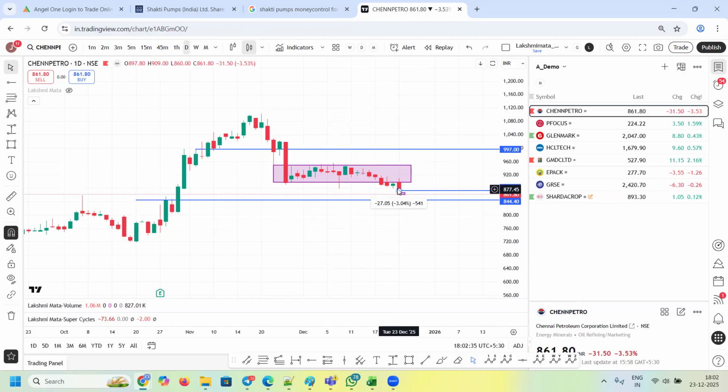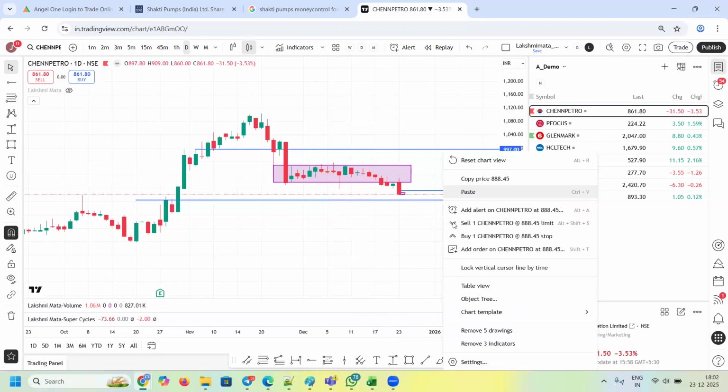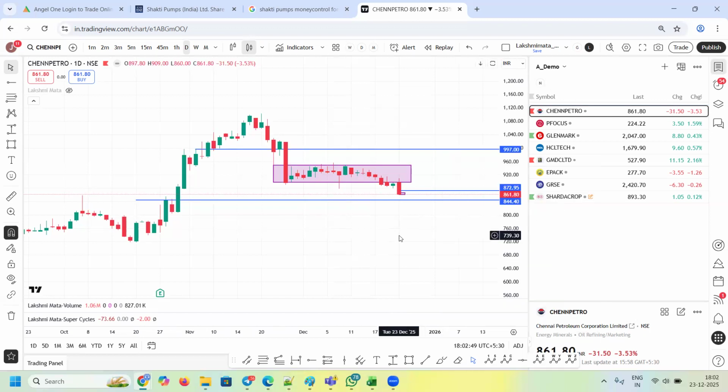Yes, tell me what you are saying. If someone is holding that stock, they can have the stop loss as 84.4. If it closes below that, they can consider an exit. What is this 84.4? I didn't get you. 84.4, ma'am, that is the support line. Okay. No, see, that one is something I am drawing as a line. Means if it can rebound from here or something like that.